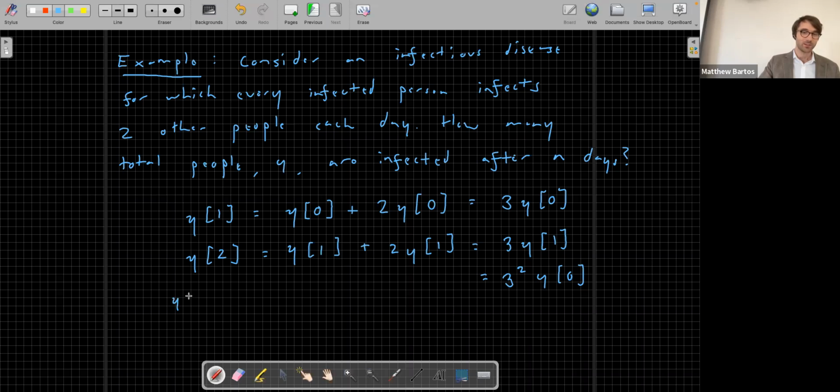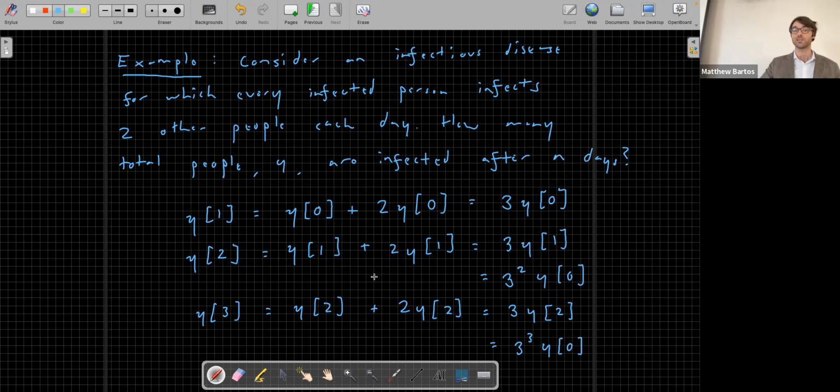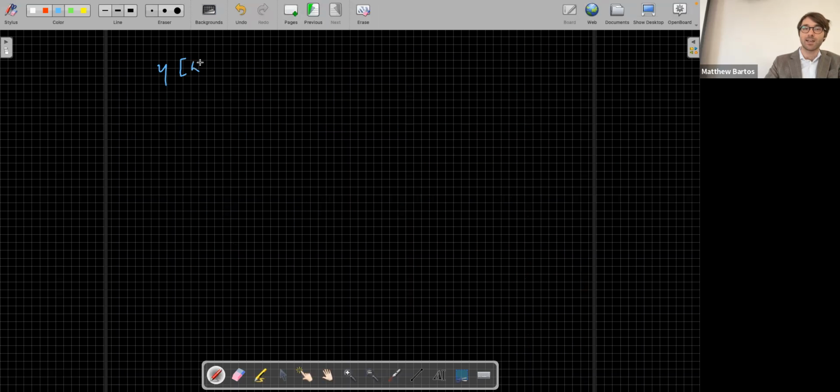Okay, the number of people infected at day 3 will be equal to the number of people infected at day 2 plus 2 times the number of people infected at day 2, which is equal to 3 times the number of people infected at day 2, which is equal to 3 cubed times the original number of people infected. And you can see if you continue on in this pattern, the general solution for this discrete time system will be the number of people infected at day k is equal to 3 to the k times the original number of people.